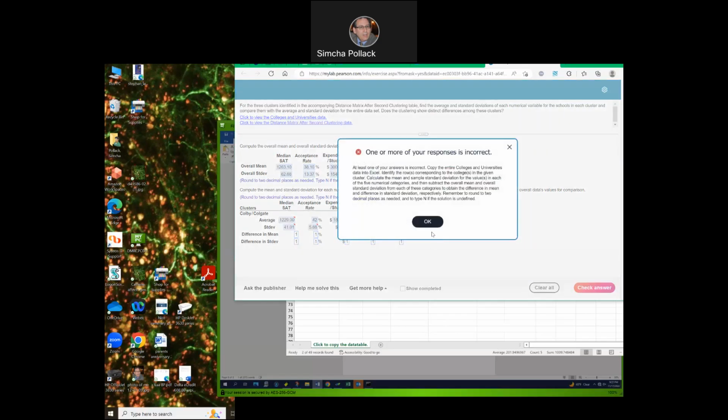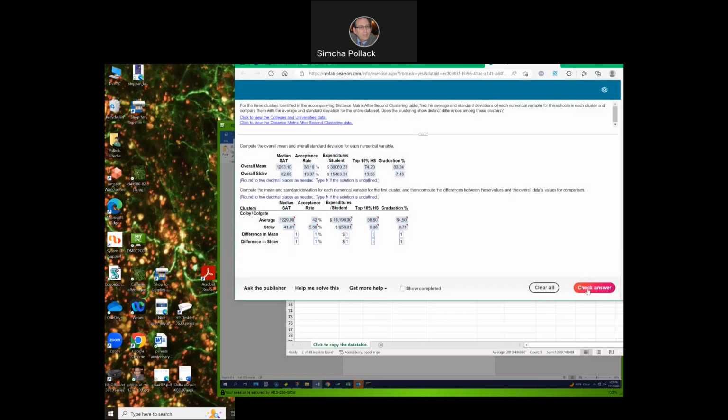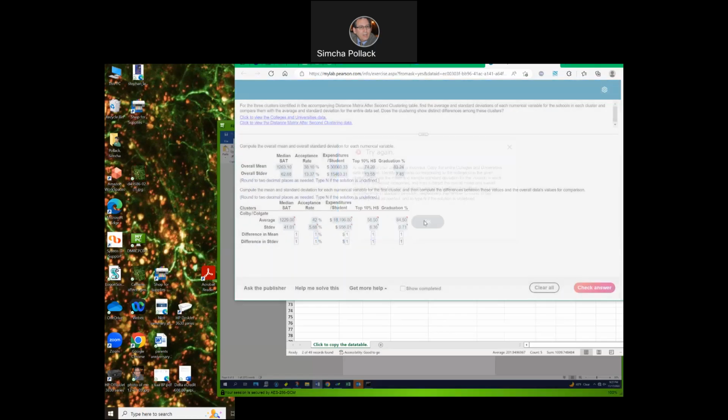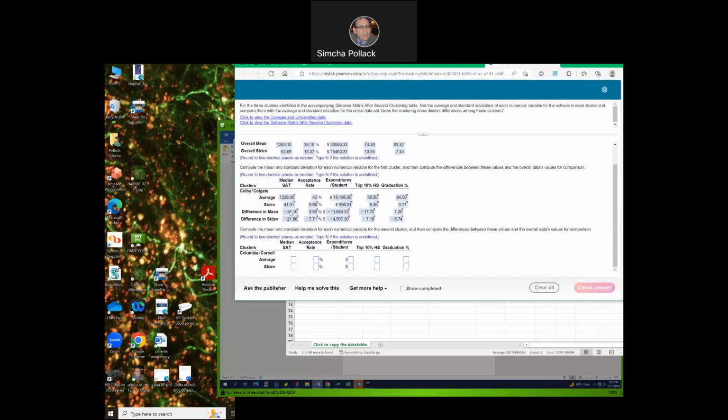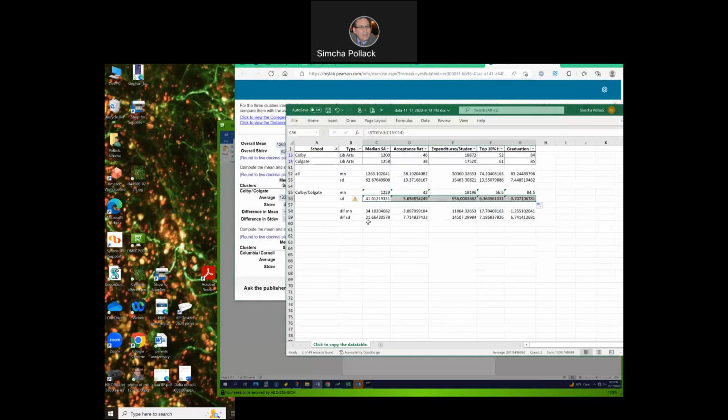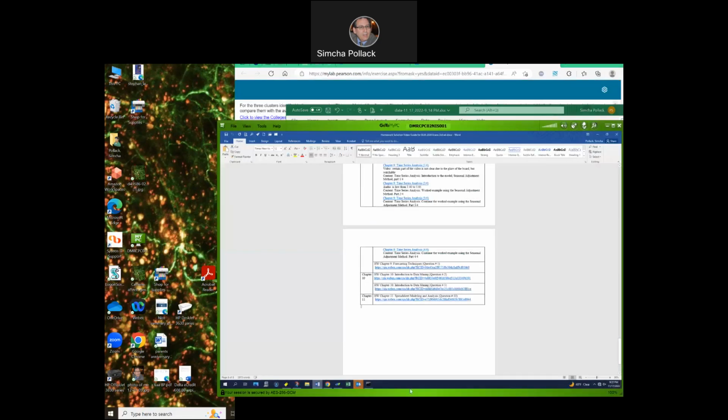Check answer. We know it's going to be wrong, but we're going to see the right answer essentially. It's going to be minus 34, minus 21, minus 34. The minus sign is reversed throughout, but it doesn't make a difference as long as it's consistent.